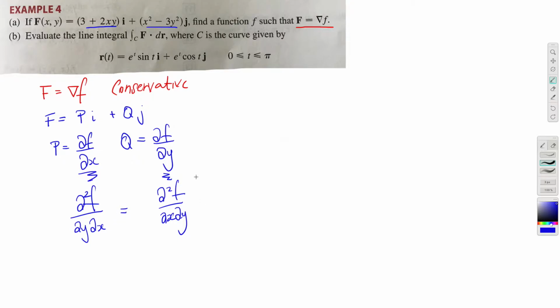All right, so this is all just background to the question. Let's now prove that this is conservative. So let P equal 3 plus 2xy.